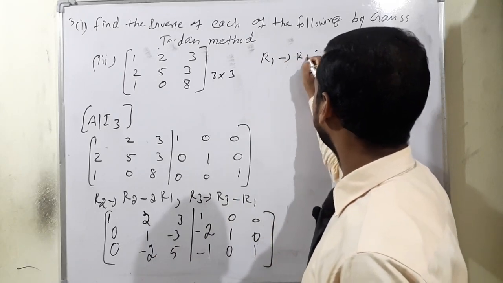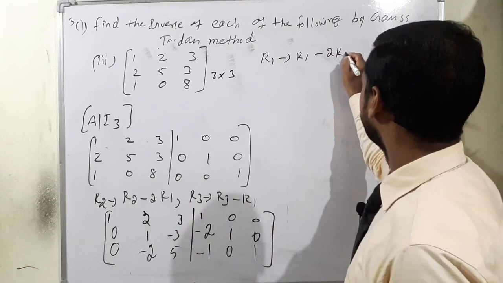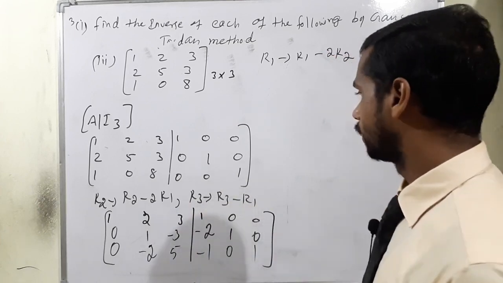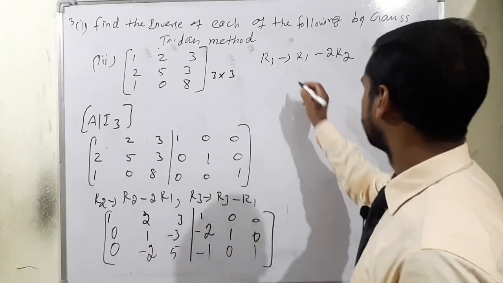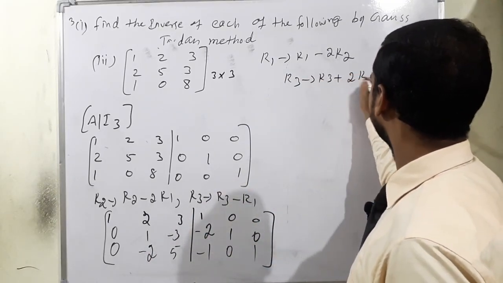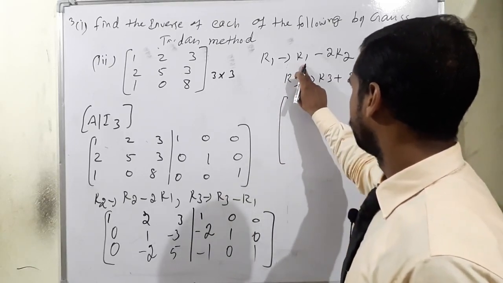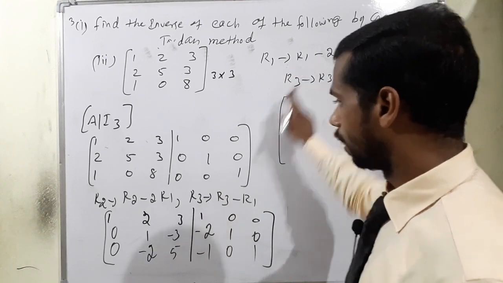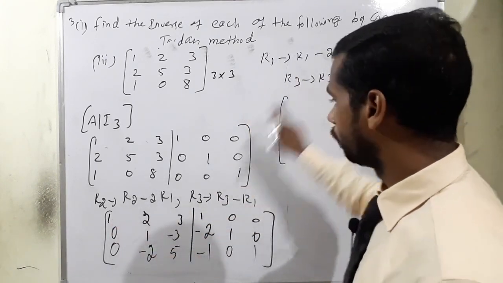Again R1 gives R1 minus 2 into R2. Next condition. Here already a minus sign is there. Therefore R3 gives R3 plus 2 into R2. R1, what is the meaning of R1 gives R1 minus 2 R2? R1 value already 1 is there. So 1 and R2 comparing 0.